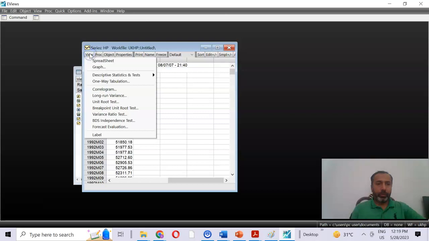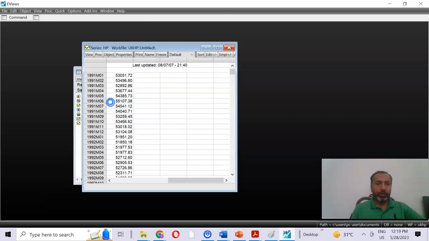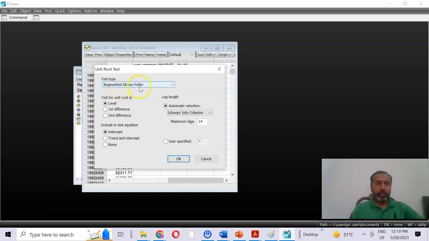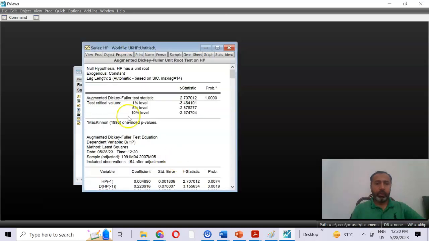Go to View, Unit Root Test. Here select augmented Dickey-Fuller test, and run it at level first. You can include the intercept in the equation and a maximum lag length equal to 14. Click OK to see the output.